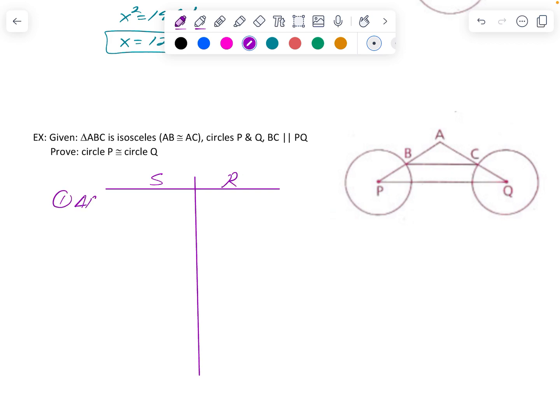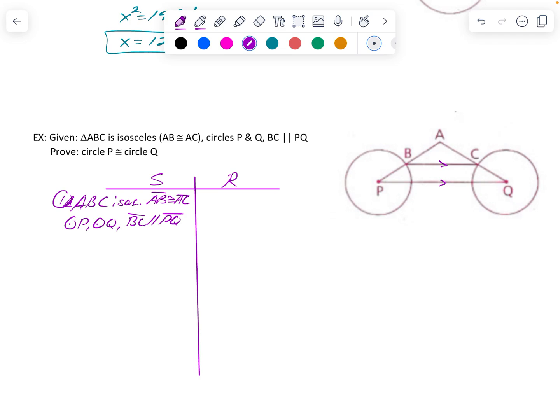We have triangle ABC isosceles, with AB congruent to AC, and circle P, circle Q, BC parallel to PQ. Okay, so we got these parallel.